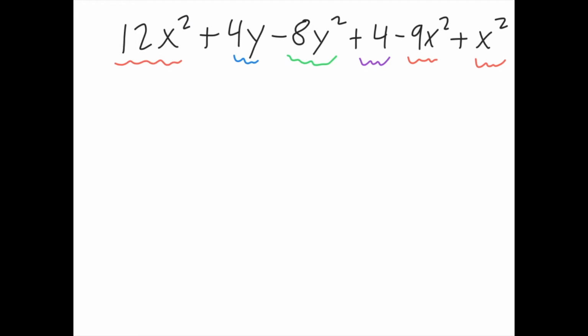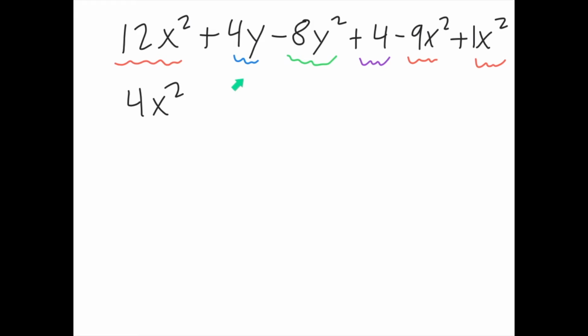It's a 1. So that's actually a 1x squared. So now we're saying 12x squared minus 9x squared plus 1x squared. So 12 minus 9 is 3, plus 1 is 4. So that'll give us 4x squared.